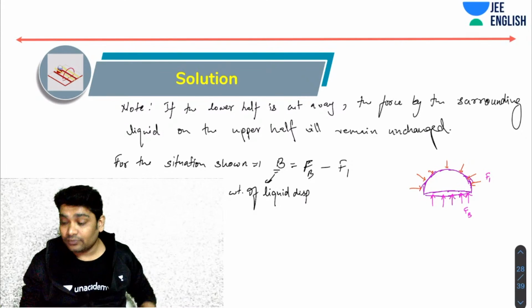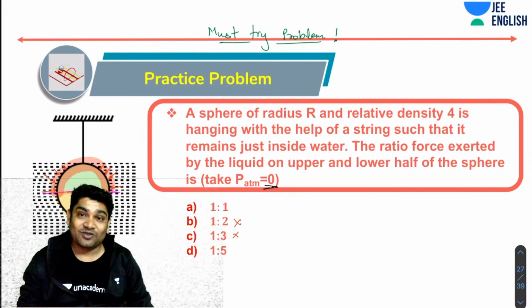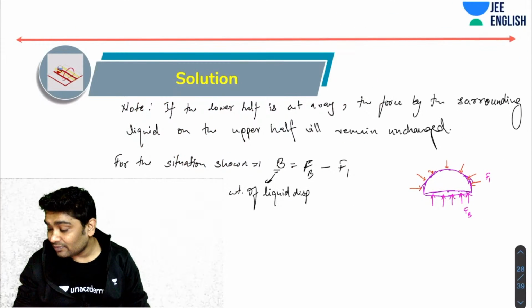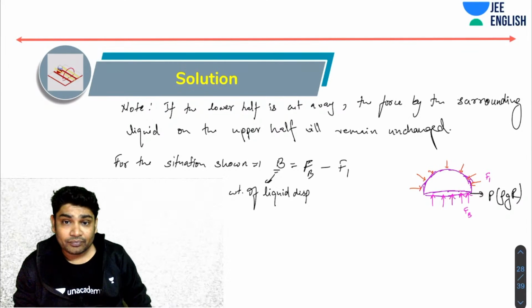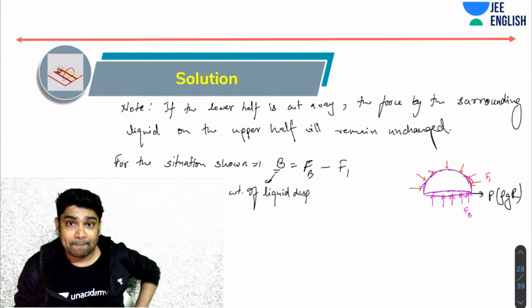Right. Now, if I ignore the atmospheric pressure, which has been told to me, then I know the pressure here. P here would be rho g r. Wait, the pressure here would be rho g r. Okay.